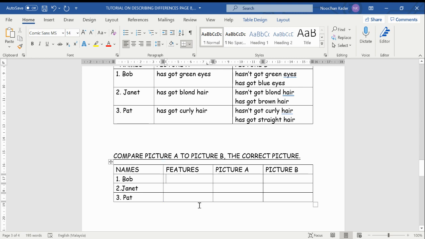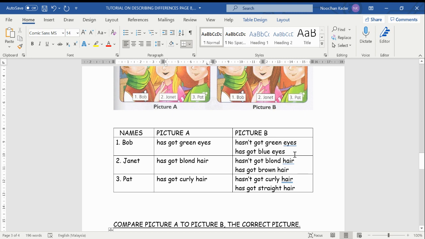So we will follow the correct one because here we compare A to B. So we have to take the correct one, blue eyes. The correct one in picture B. If you see in picture B, blue eyes, brown hair, straight hair.